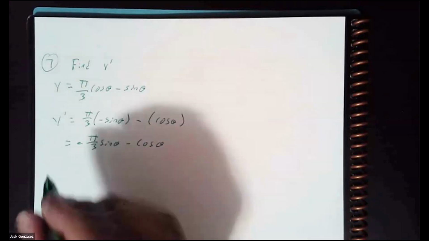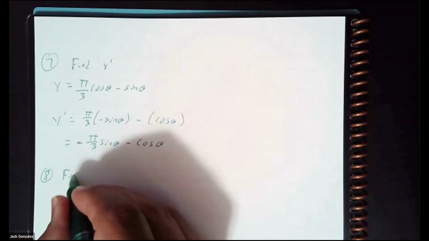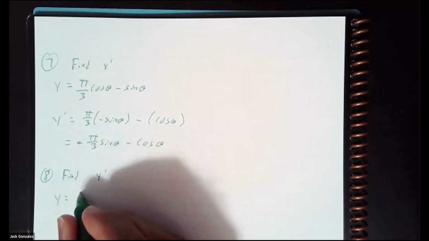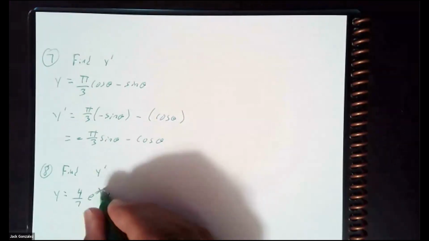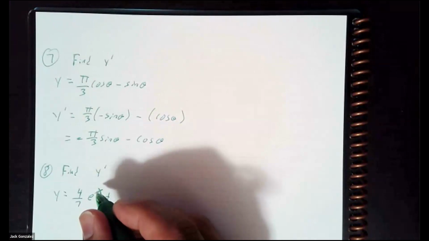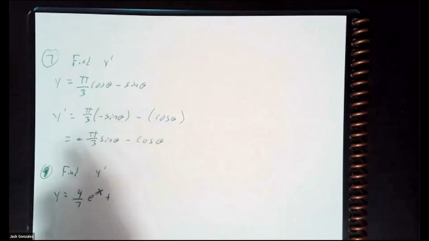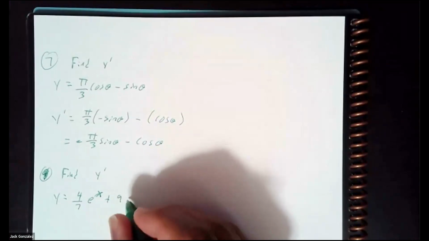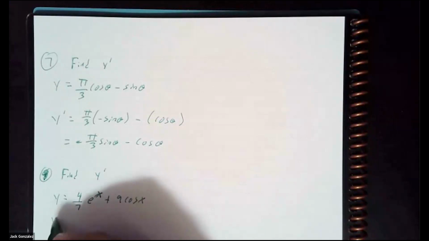All right, one last question and we'll call it a night. y equal to 4/7 e to the x plus cosine. I think this is 9. Yeah, whatever. So the derivative of e to the x we said is itself, right?